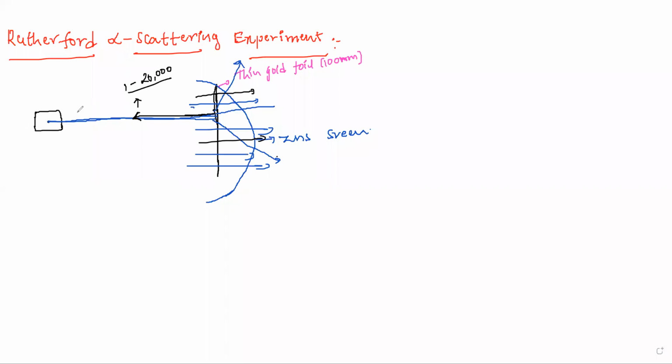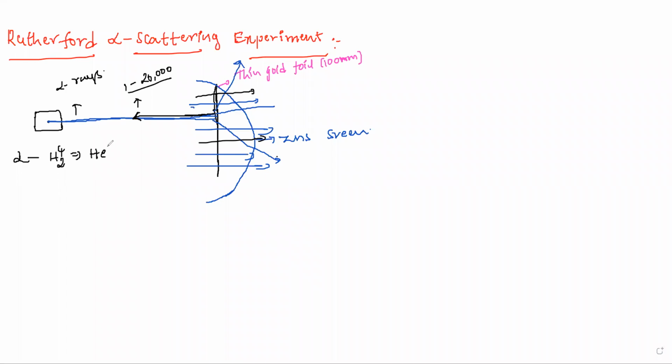What is the meaning of alpha rays? I will give the notes now. Alpha rays is nothing but helium plus 2, a double ionized helium particle, with mass number 4.